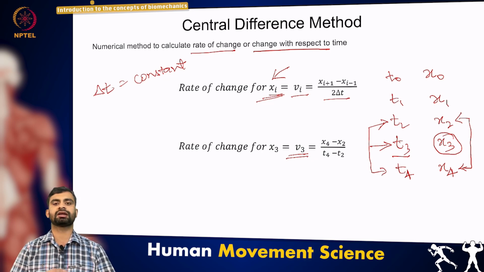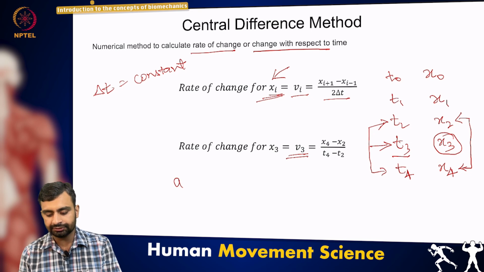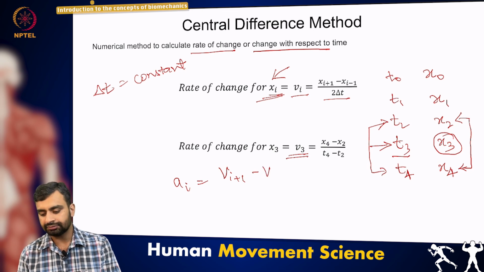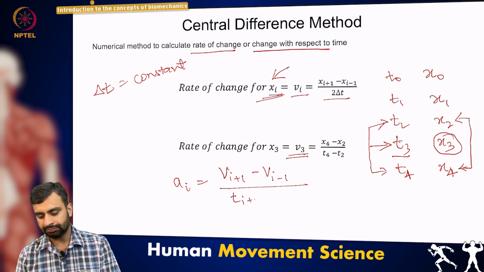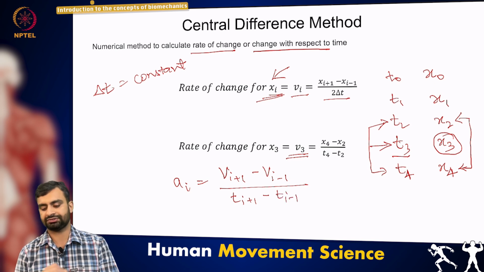The same concept can be utilized to find the acceleration. Acceleration at the ith component would be nothing but velocity at I plus 1 minus velocity at I minus 1 divided by the time between I plus 1 and I minus 1.